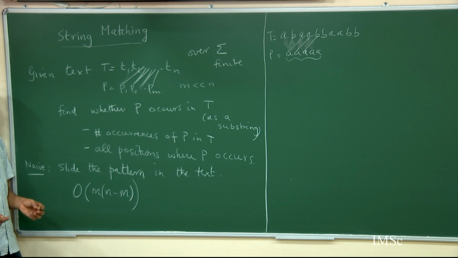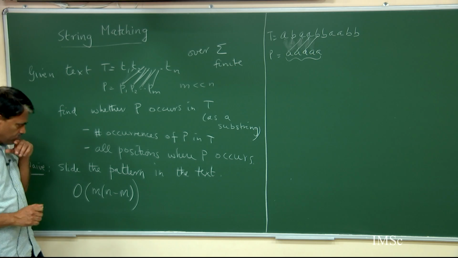Every time you are doing m comparisons, and how many times? It's n minus m times, right? How many times you slide the window? N minus m times, right? And every time in the worst case, you may do m comparisons. So it's m into n.